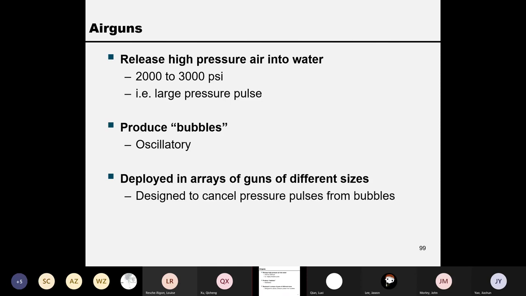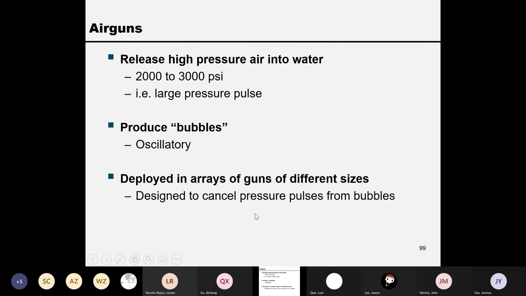Most likely we use so-called air guns. A typical air gun has 2,000 to 3,000 PSI, very powerful, and generates a large pressure pulse. We saw the picture in the previous slides, and it has a bubble, which is a lower frequency behind that.